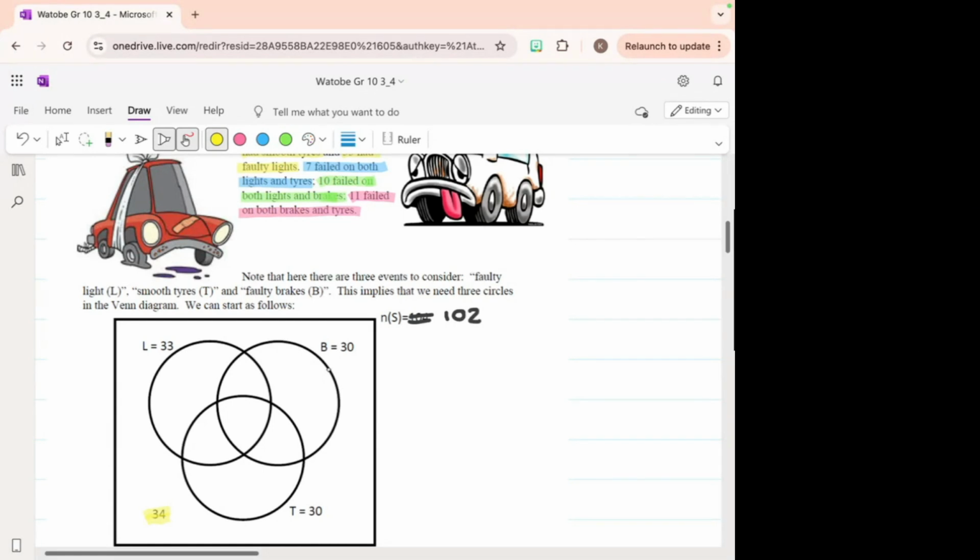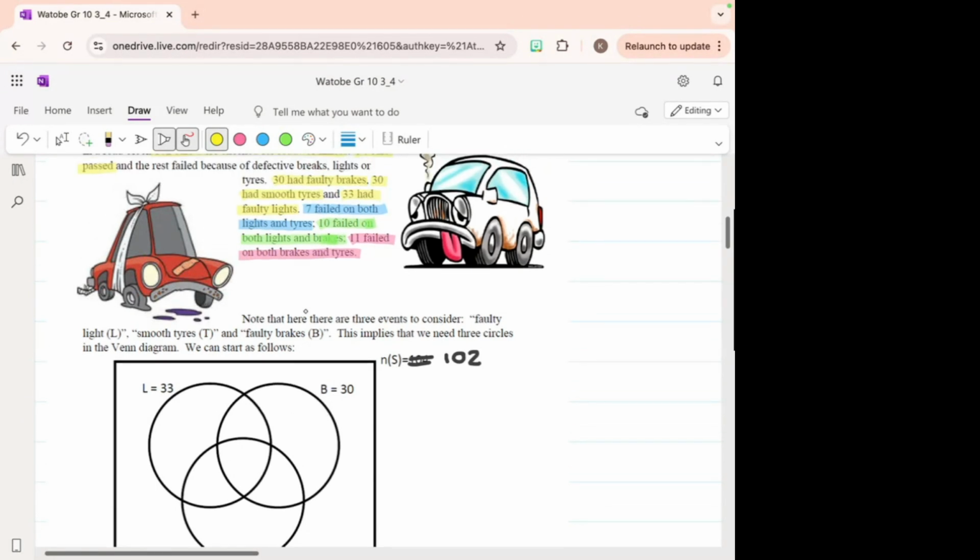Right. Now, some of these intersect with each other, and let's see how that's going to work. So do you notice how Teacher Coco hasn't put the numbers inside the circles? She's put the numbers on the outside of the circles, because the total of that B circle needs to come to 30. The total of that L circle needs to come to 33. And the total of the T circle needs to come to 30 as well.